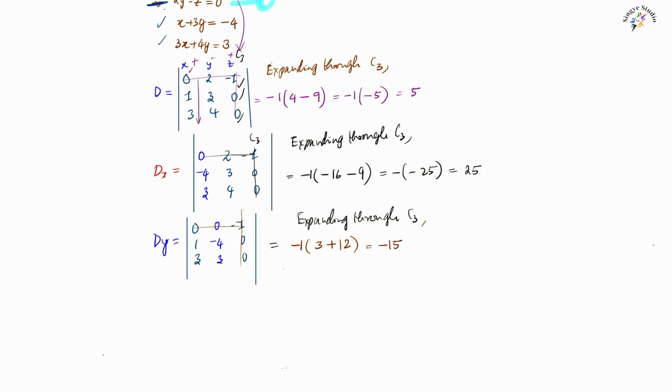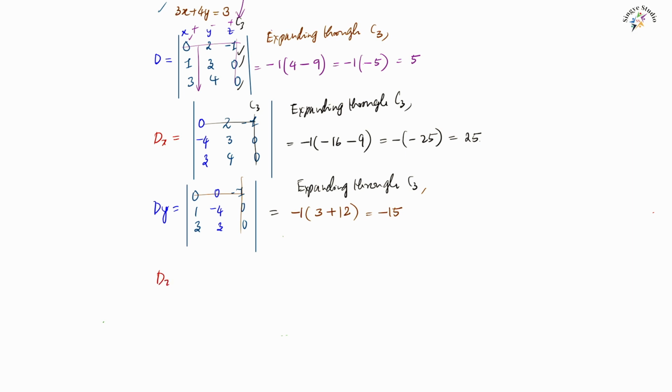Now the last one, our Dz value. Dz is the determinant of 0, 1, 3, 2, 3, 4, and now 0, -4, 3. This is our Dz determinant. You can either expand from C1 or R1. It will be better to expand through R1 because we have to only account for these factors.